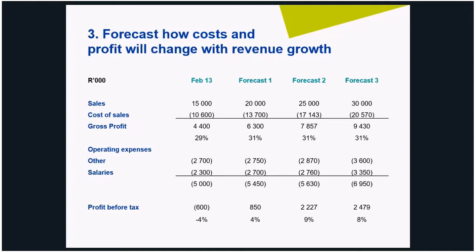As you see in the forecast, the business becomes increasingly profitable as revenue grows, but once it reaches the 30 million rand turnover, profitability dips again slightly, because then there is a further need to invest in additional operating expenses.